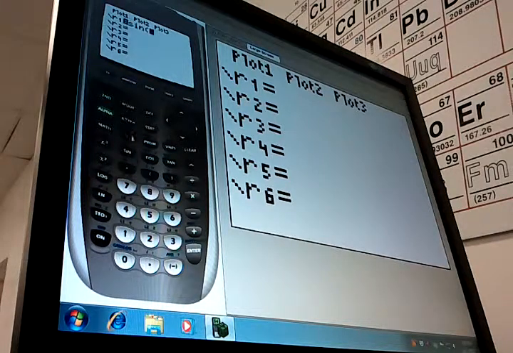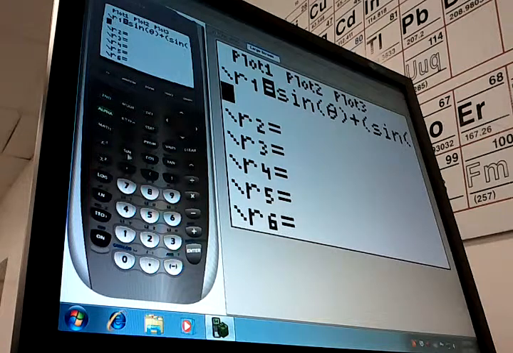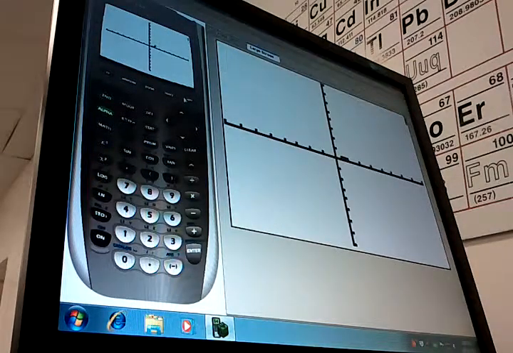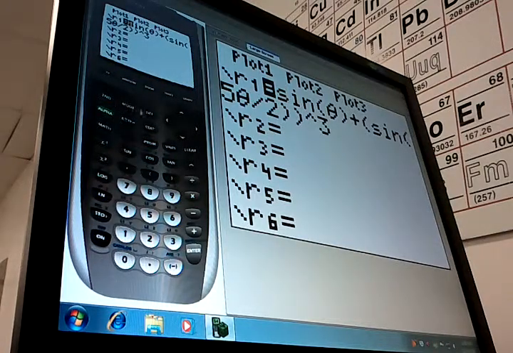So sine, what is it now? Sine theta plus sine 5 theta over 2, right? Oops, no, but it was just cubed, right? Oh, it's not going to be very exciting at the moment. What I keep forgetting is I've got to make my amplitude a little bit more so I can see it.